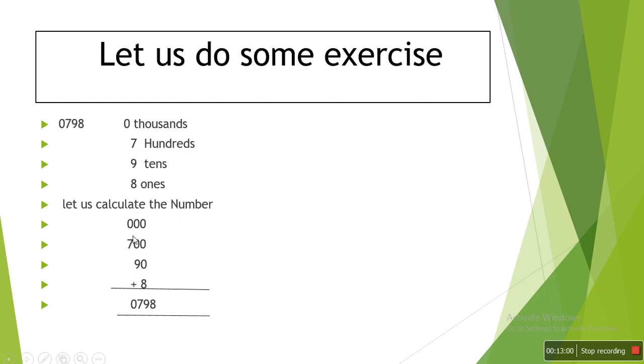Hundreds place, that's why we have written 700. And if we talk about 9, 9 is in which place? 9 is in tens place, that's why we have written 90. And 8 is written in which place? Ones place, that's why we have written only 8. So again add the following numbers: 0, 700, 90 and 8. Again you will find the same number that we have expanded. So 798.